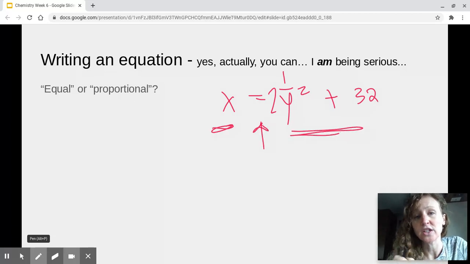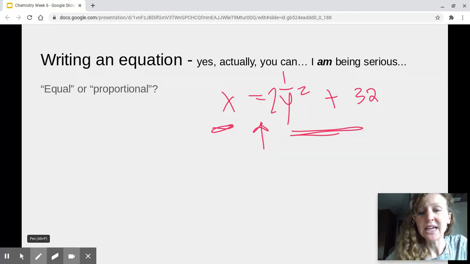Well, when you first start to write an equation, you might not want to use an equal sign. Equal signs are really hard to facilitate because the 2 sides need to be exact. Usually, when you're looking at the relationship between 2 different variables, that relationship is usually off by a certain number, and you need that certain number to be in your equation in order to make the 2 sides equal.